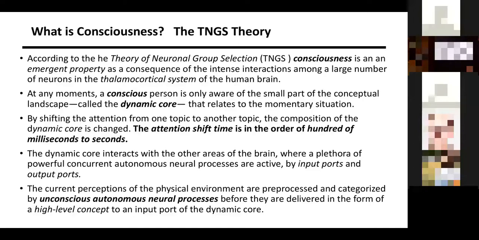And the same on the input port. When you see from the two eyes a picture of a car on the road, you don't get pixels, but you get into the dynamic core already a car on the road. This is all pre-processed in subconscious processes of the human brain.